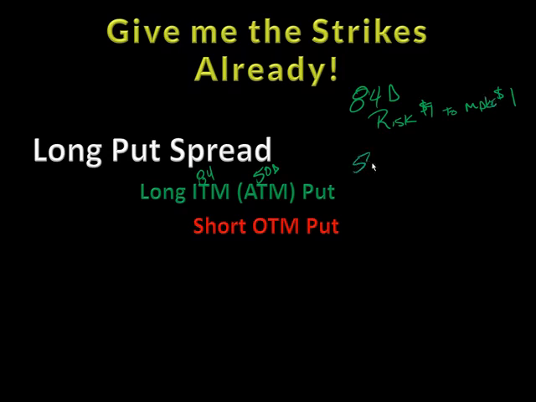If you're using the 50 delta, you want to risk $1 to make $2. So basically, it's a third the width of the spread. It's $1 wide. I'm risking 33 cents to make 67 cents. Risk 1 to make 2. That's how you set that up. Whatever your debit is your risk, and whatever the remaining width of that spread is your reward if it were to work out.